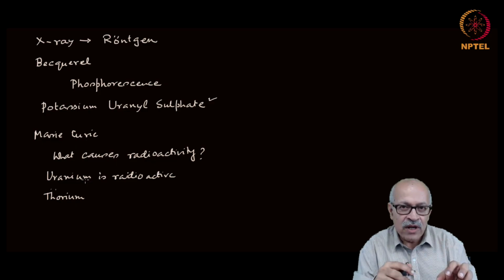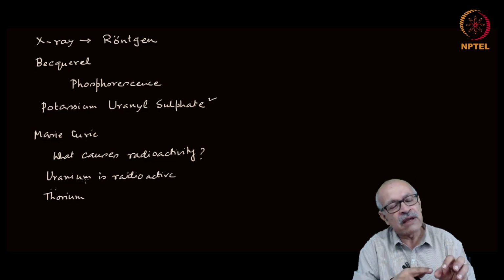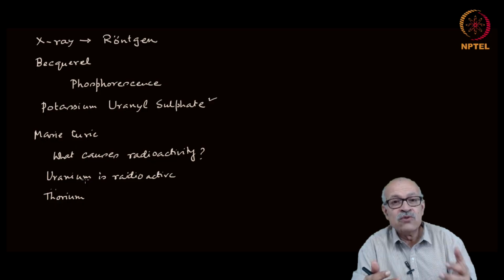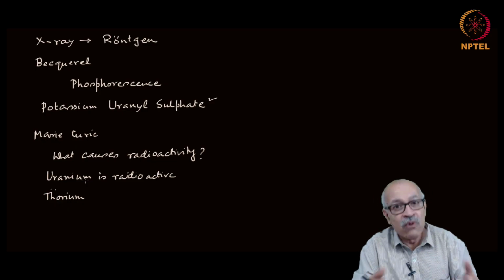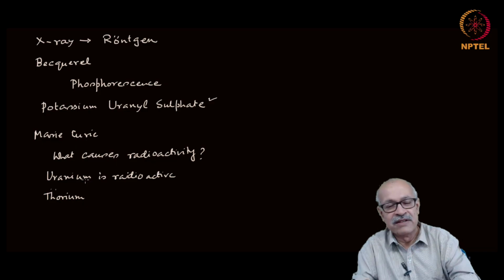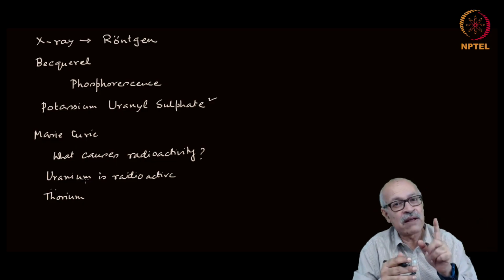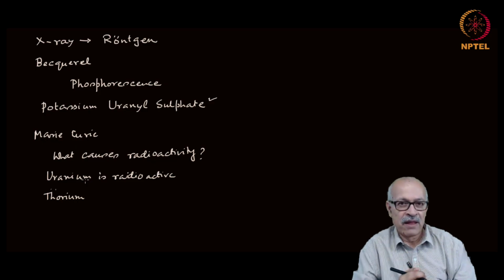So, she knew how much radiation a unit amount of uranium can emit, how much a unit amount of thorium can emit. So, she could account for the amount that these two elements would emit. If any mineral emits more, then the residual radioactivity will be because of some residual substance. She was actually applying the method of residues.